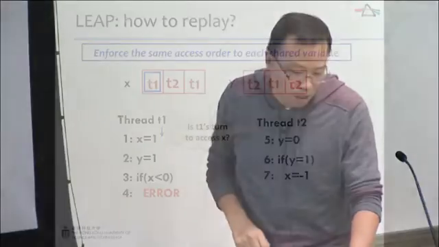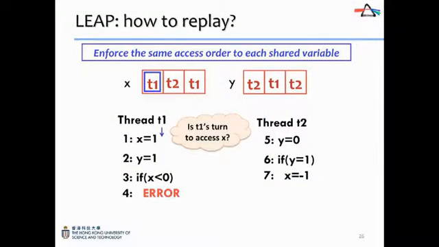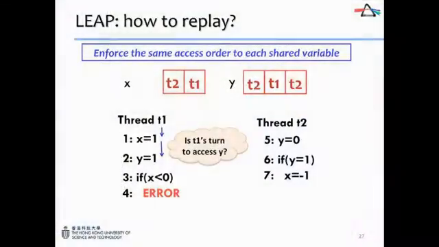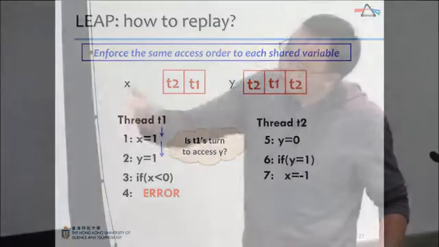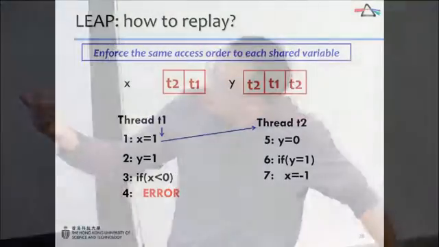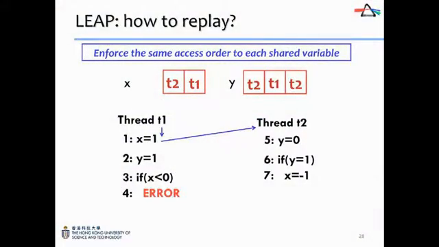So here, we check if it's T1's turn to execute. Next we check the top of the stack for Y and it shows T2, so we switch to T2 and continue to execute.